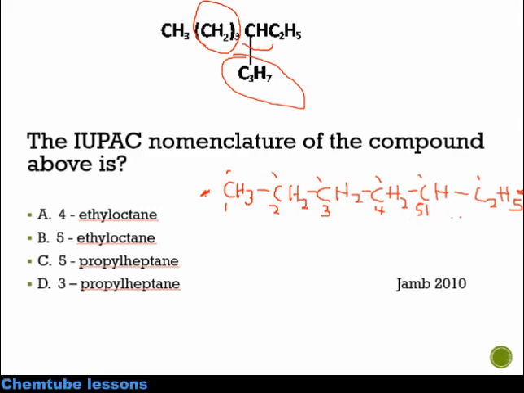So let me redraw this. This will be CH2, CH2, and CH3. So we have 5, 6, 7, and 8. Since we have 8 carbons, this will be our longest chain, from here to here. That means this group here becomes a substituent.